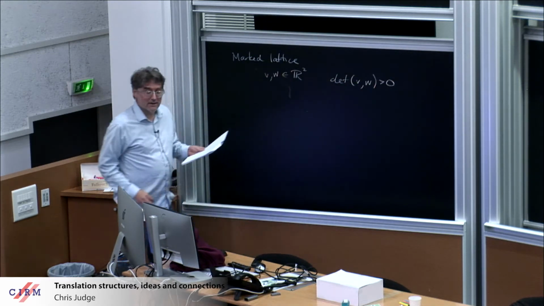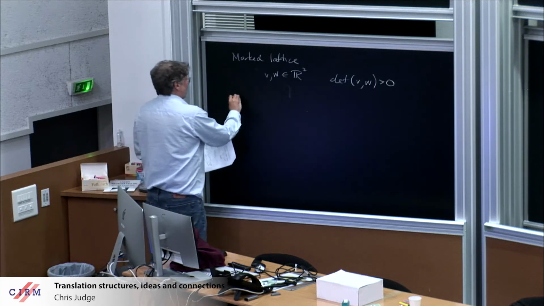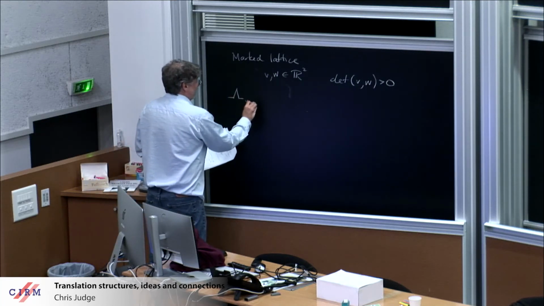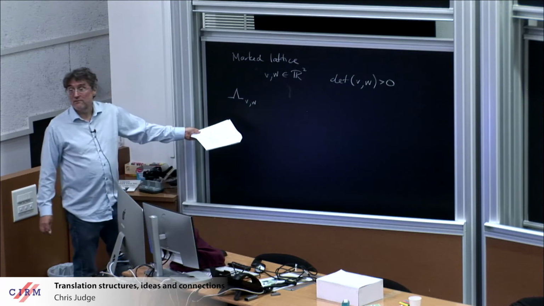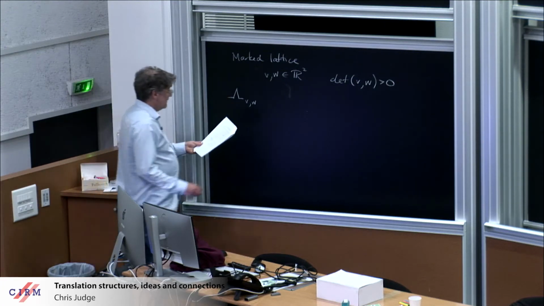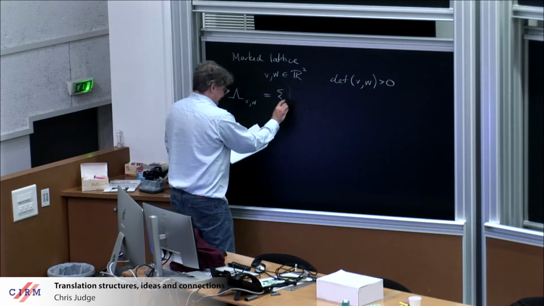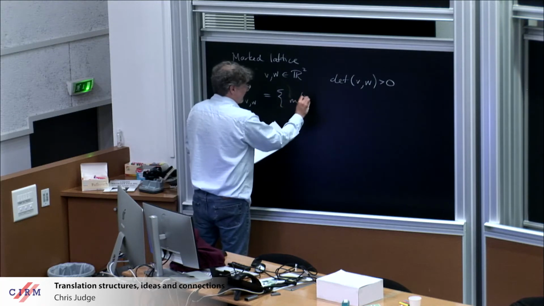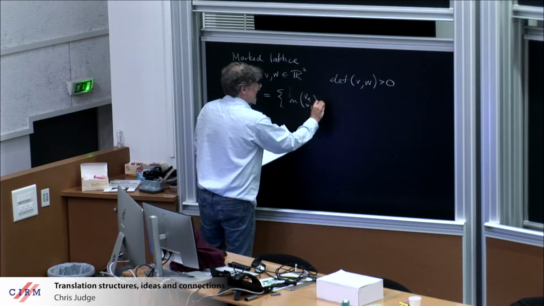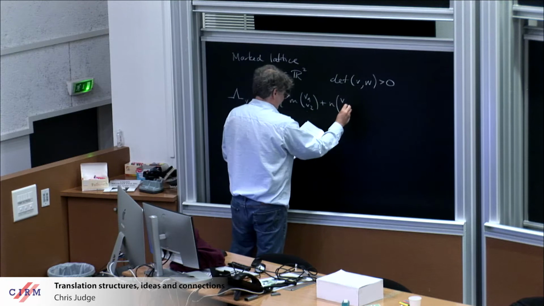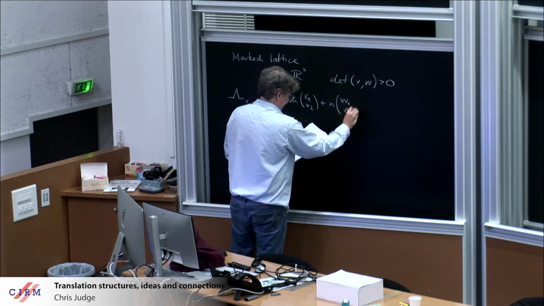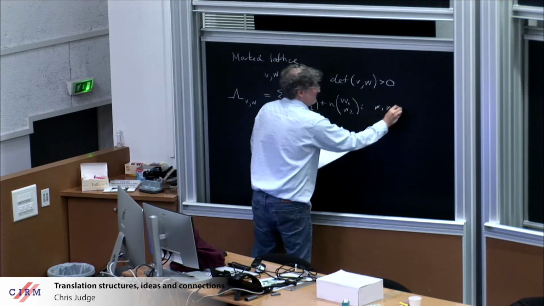They're oriented. Then you can look at a marked lattice, which is simply a lattice with a choice of basis. So the lattice Λ(v, w) is m times (v1, v2) plus n times (w1, w2), with m, n in Z.